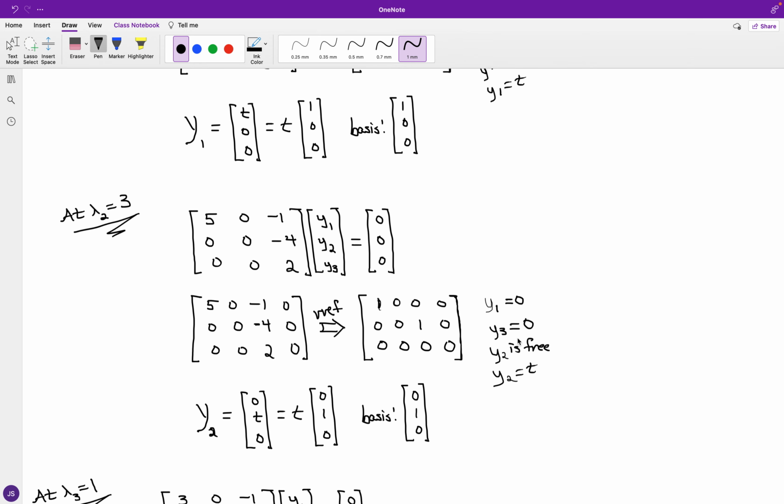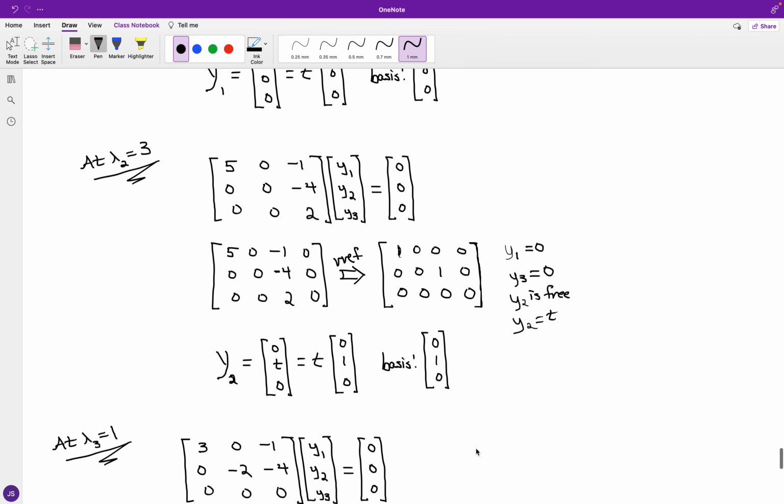Next row signals that y sub 3 is 0. And again, we have just zeros across, signaling that we have a consistent system. Since the second column consists of only zeros, this means that y sub 2 is free, and we set that equal to t. So for y sub 2, we have 0, t, and 0. And factoring out t, we have the basis 0, 1, and 0.